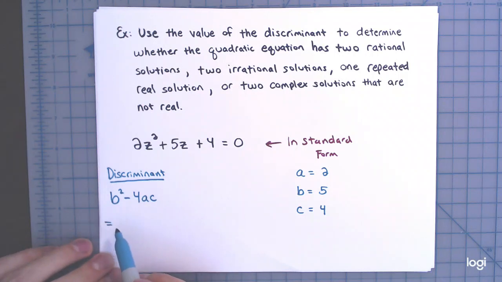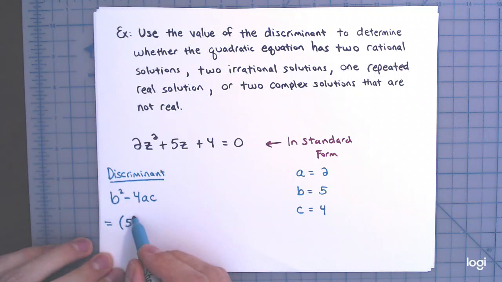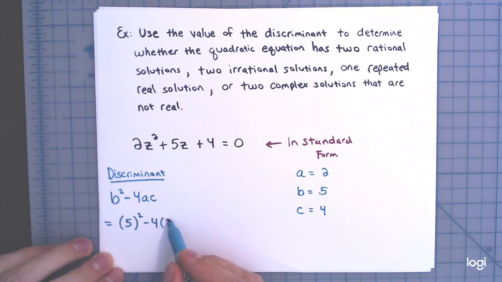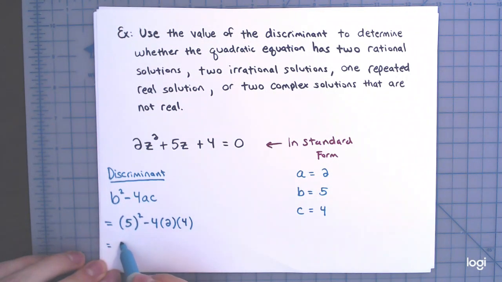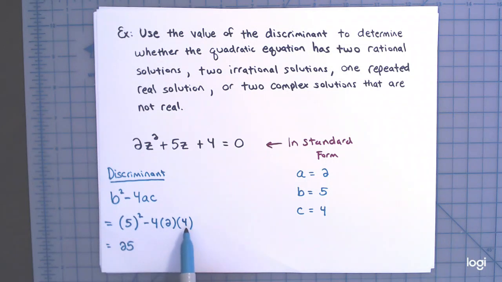All right, so let's see what that's equal to for this particular equation. We have b is 5, so 5 squared minus 4 times a, which is 2, times c, which is 4. 5 squared is 25. And we have negative 4 times 2 is negative 8. And then negative 8 times 4 would be negative 32.